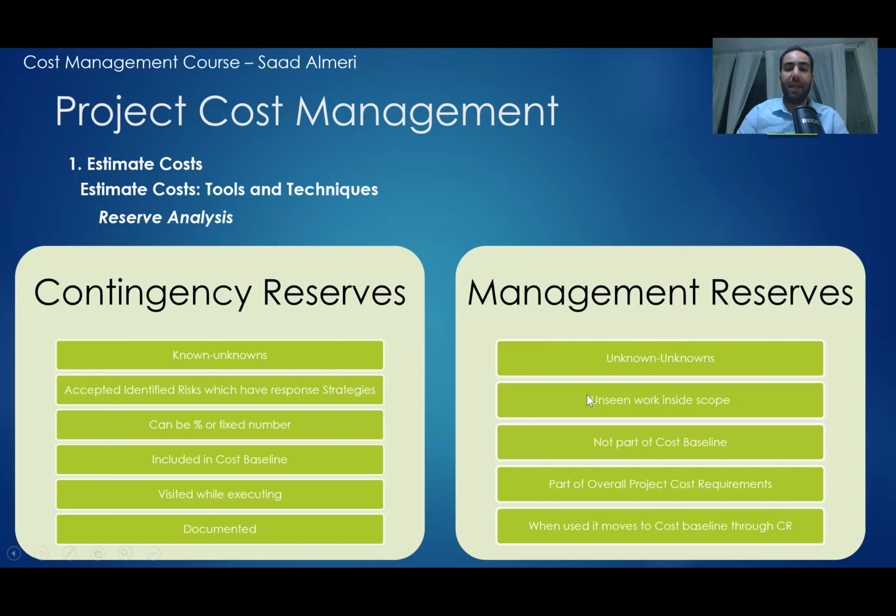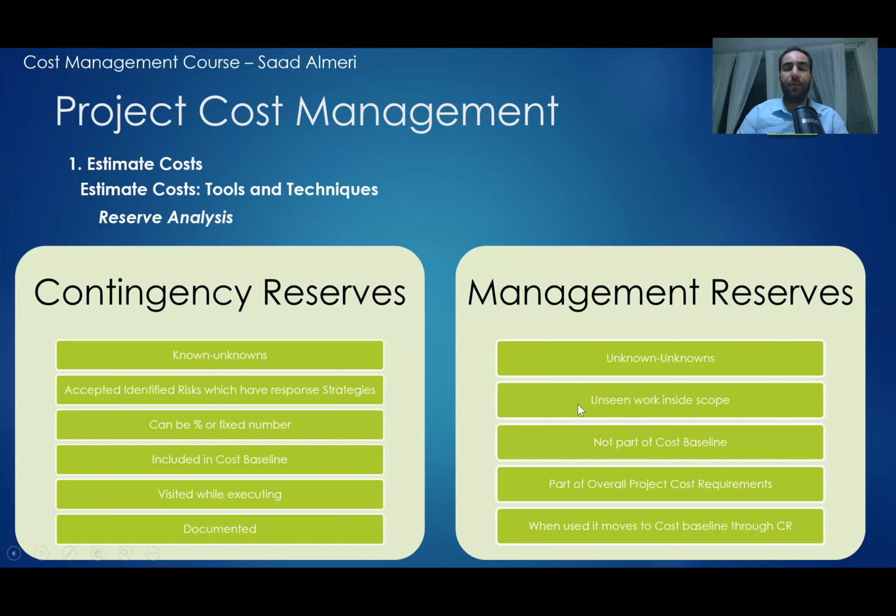This, for example, can be like unseen work inside the scope. When I do the scope of work, when I see the drawings and estimate the costs, I identify all the activities that I'm going to do. But if I forget about something, or something was unseen or not expected, then I will have a problem in the project if I don't have this kind of reserve.